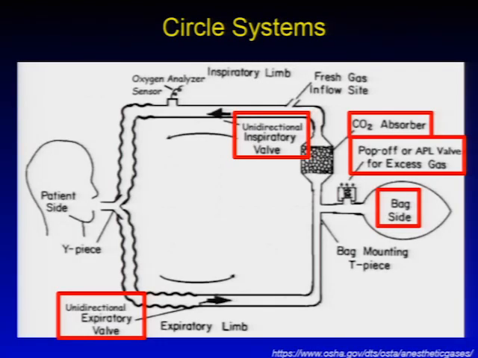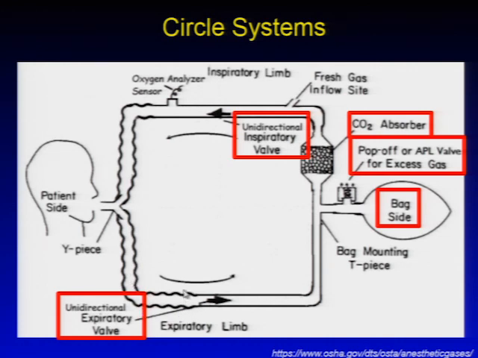So this is the typical circular system. As you can see here, the fresh gas flow is coming from the inlet side here, and then provided through the inspiratory limb. Of course, you have to have a unidirectional inspiratory valve, and the gas comes back from the patient in a unidirectional way.